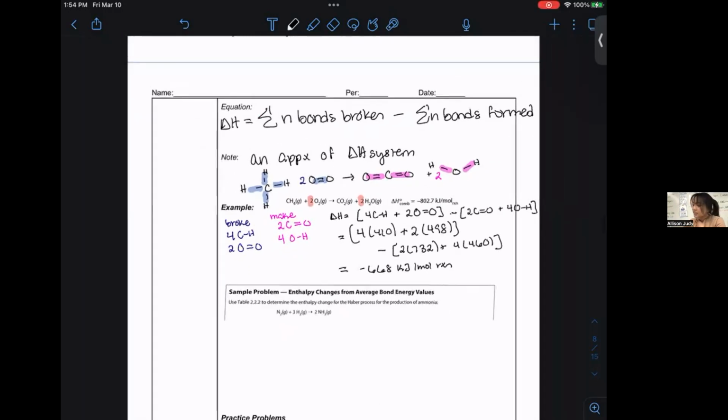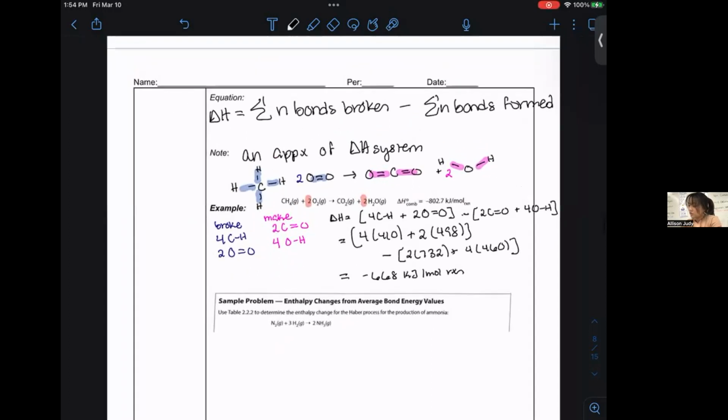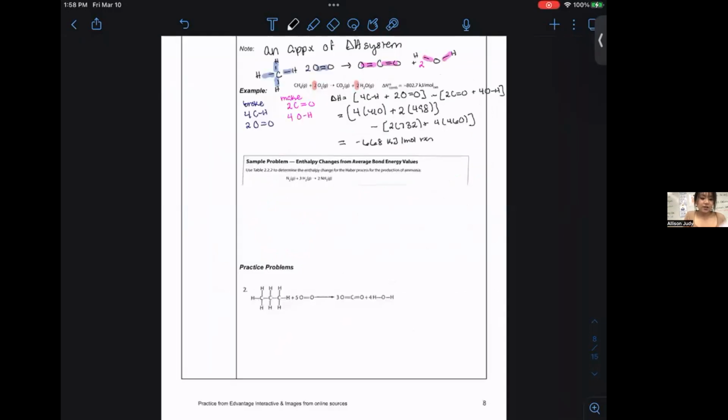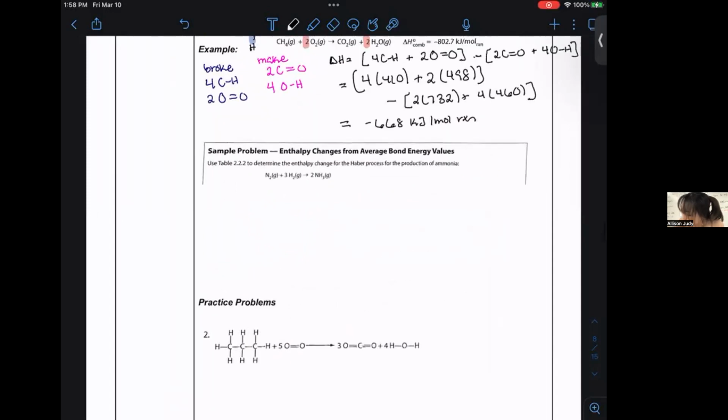So try this next problem using the table, and you're going to have to draw the Lewis structures. Okay, last one, what you have is N2, which is a triple bond, reacts with 3H2, which is a single bond, to produce 2NH3.